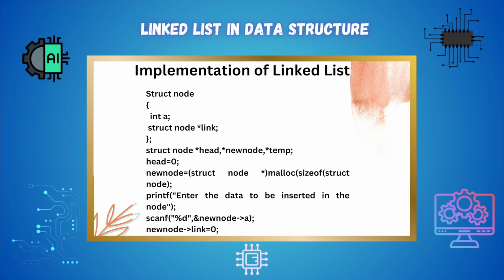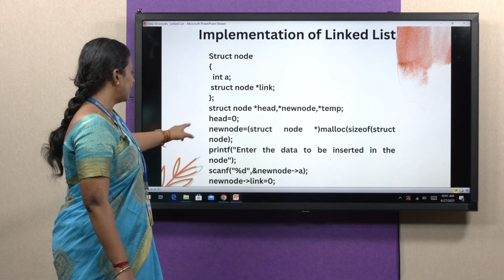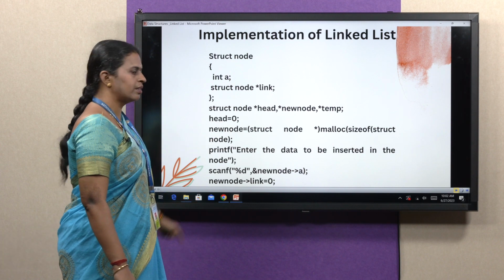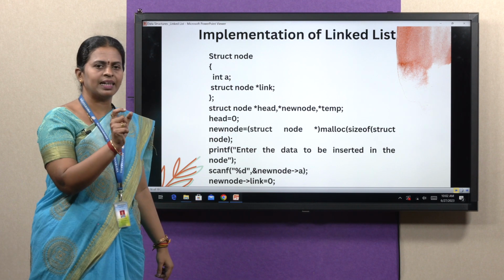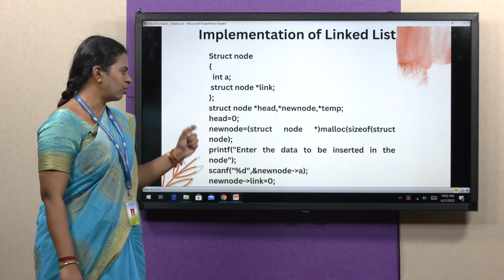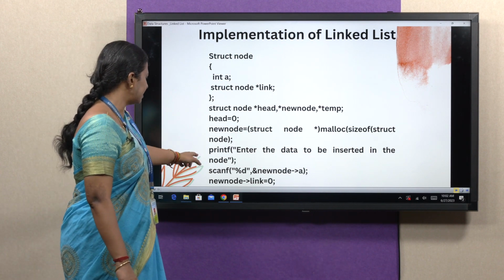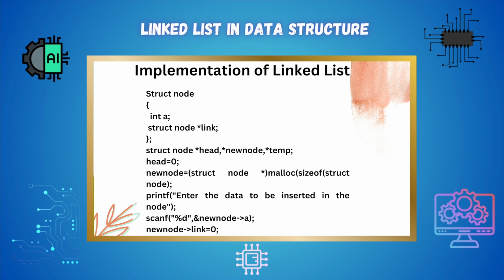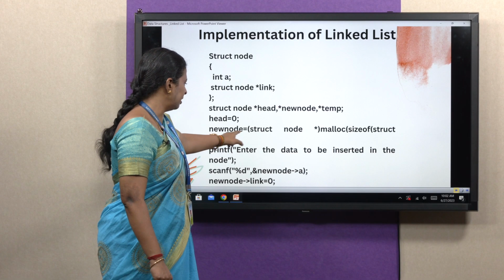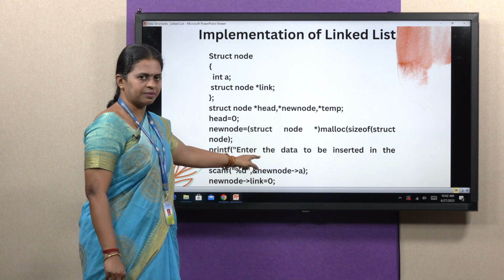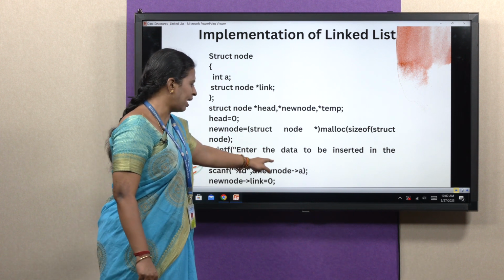After creating the memory allocation, we are going to enter the data into the list. Okay, printf: enter the data to be inserted in the node. The first part is the data part, right? In the data part we are going to enter the data. Since it is a structure, scanf %d, and you have to use ampersand new node arrow operator.